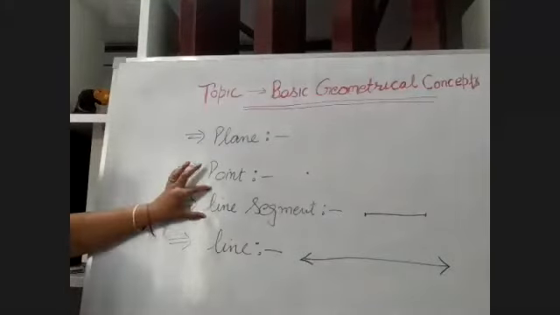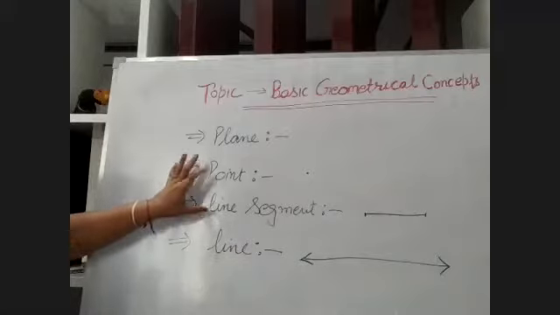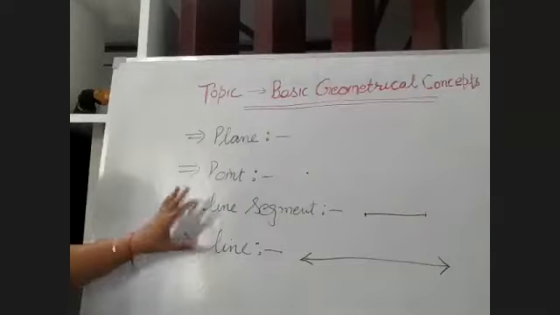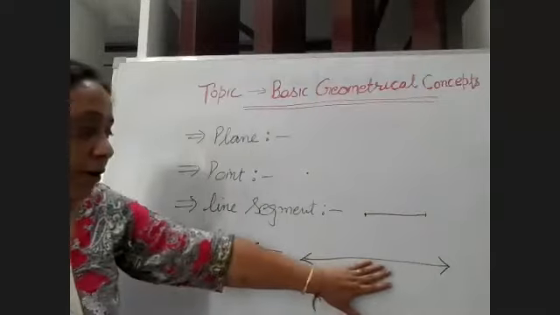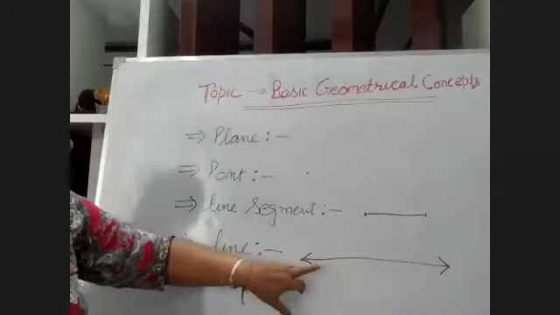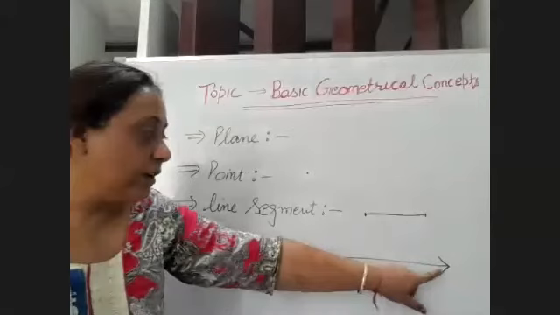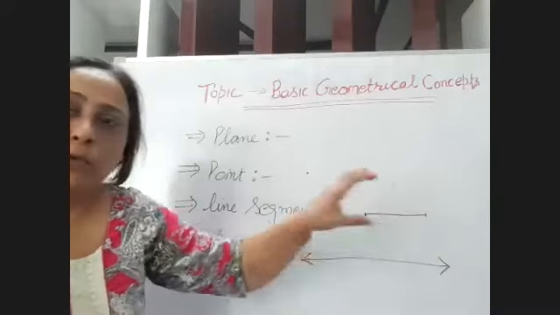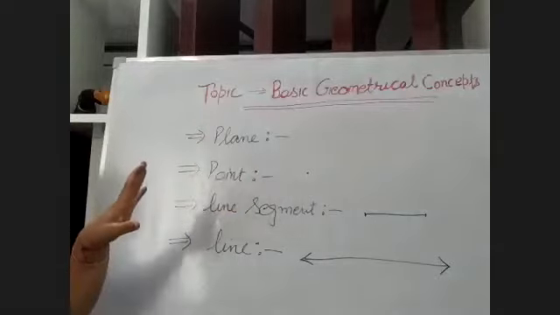A line segment has a fixed length, an initial point, and an end point. But in a line, we don't know the fixed length, and we don't have any initial point or end point. You can extend this line in both directions.